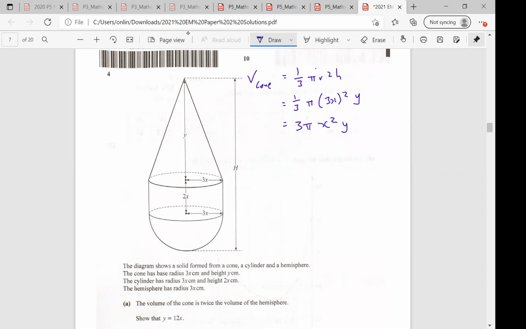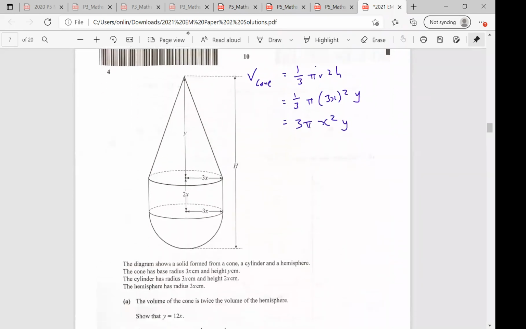After I get my volume for the cone, which is this part here, we are done with this part. So for the next part, I'm going to use another color to find the cylinder.